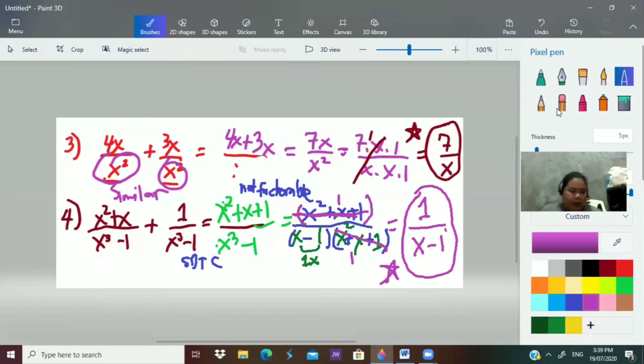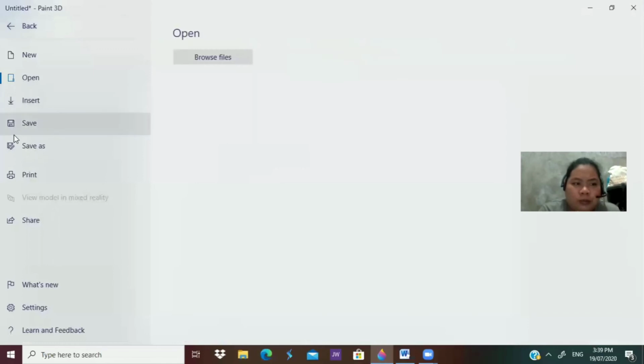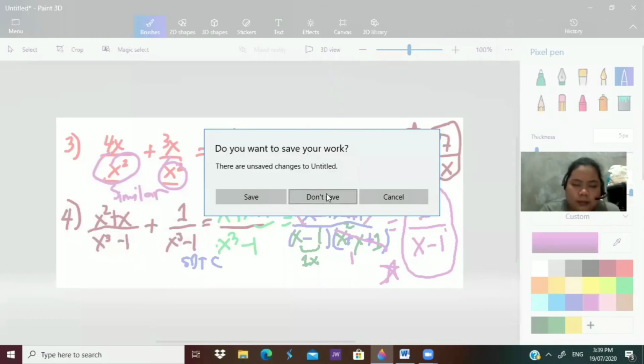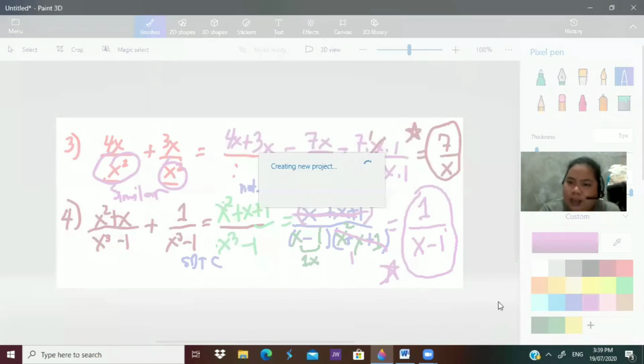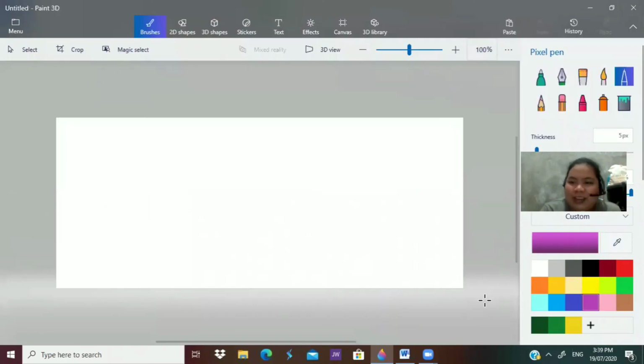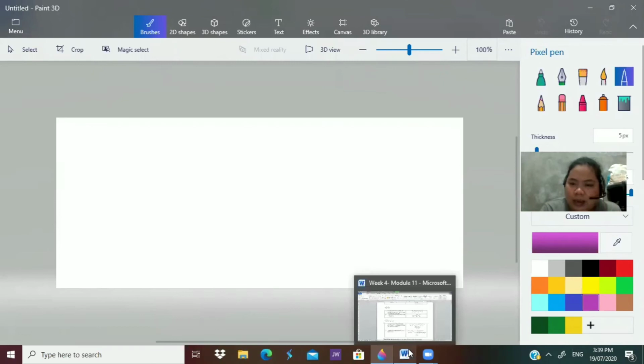So, ibig sabihin, kailangan mong tingnan kung ang bawat terms or ang bawat expressions ng numerator at denominator ay factorable. Okay, so questions for similar rational algebraic expressions. Kung meron po kayong tanong, pakilagay sa comment section. At mamaya, hahayaan na naman natin yung dalawa na sila ang mag-wrap up ng ginawa ko.